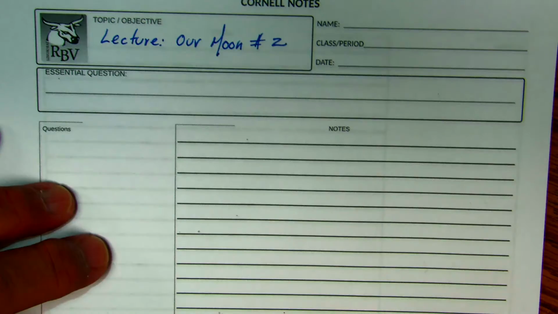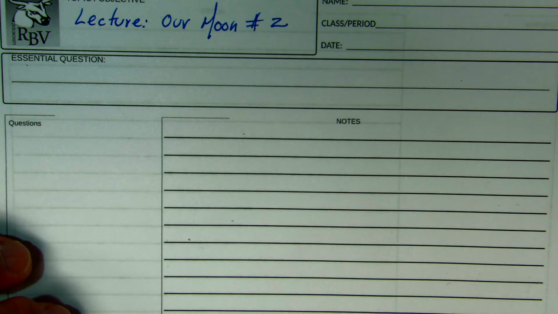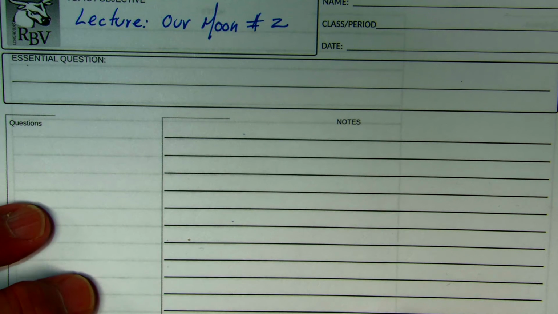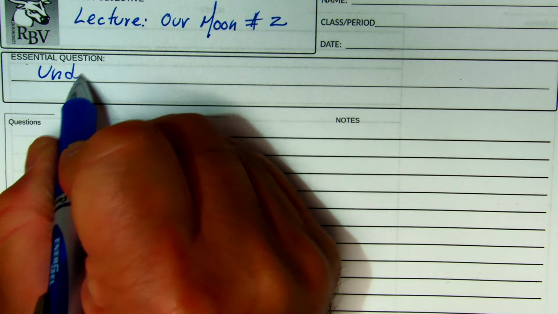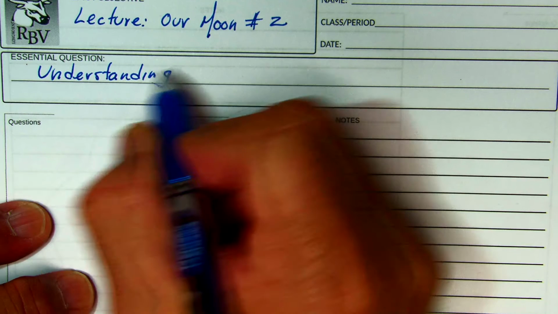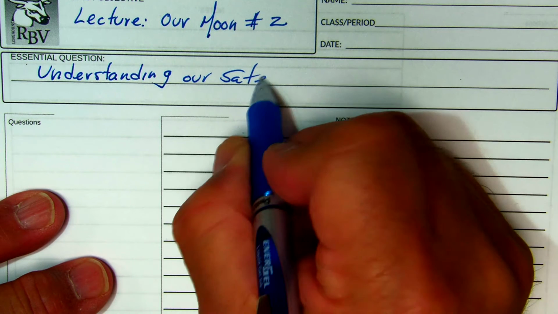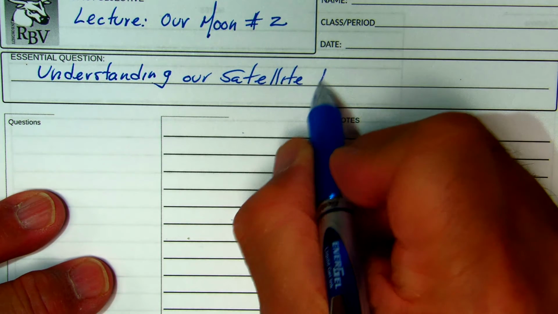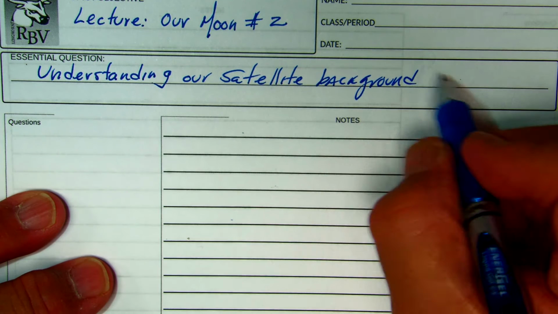And what we're doing here is just basically trying to understand the background and a little bit of our lunar features. So understanding our satellite background and features.